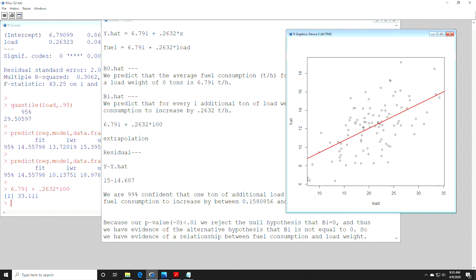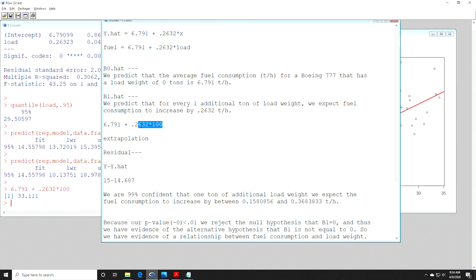Because when you start trying to predict outside of the range of your data, things can change. We have this nice positive relationship between the two variables, but maybe for larger and larger load weights, this pattern starts to change. Maybe it starts to shift, maybe it starts to flatten out or even go down. Maybe it does, maybe it doesn't. We have no way of knowing. And another thing is maybe this plane cannot even fly when it has such a heavy load weight of 100 tons.